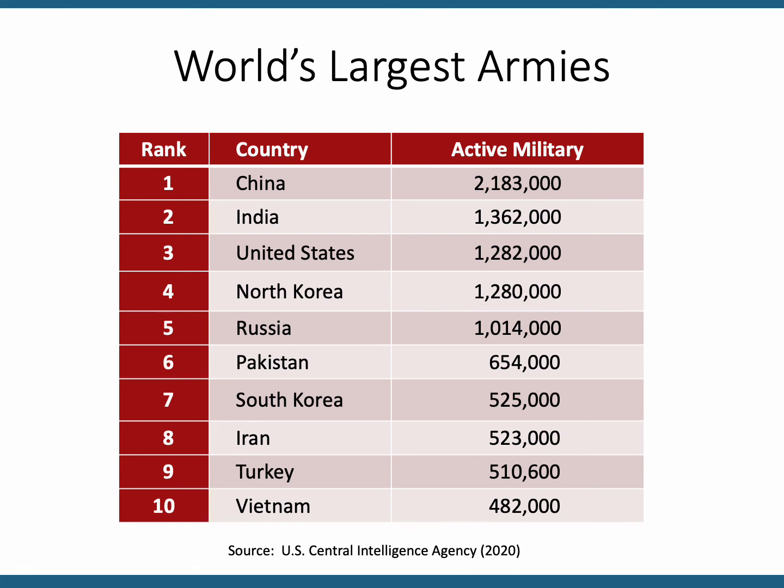What might be a little bit surprising is that India is so much smaller than China, the size of their military. You would expect them to be comparable, but they're not. And it's also maybe a little bit surprising that we are more than half the size of China's military, even though we're 1/4 the population.